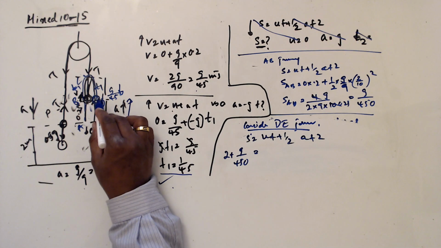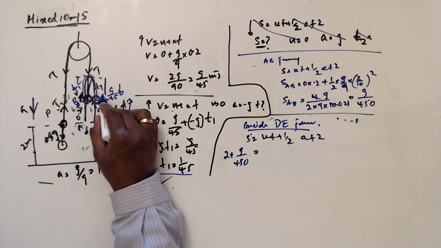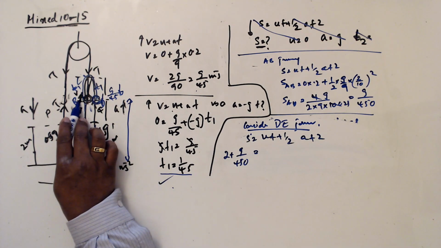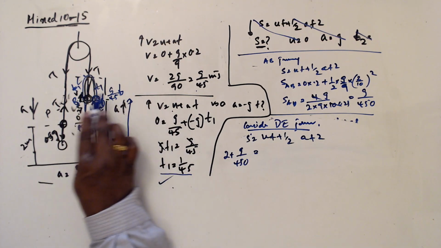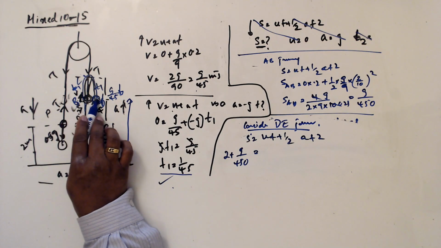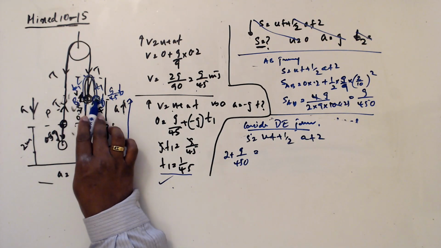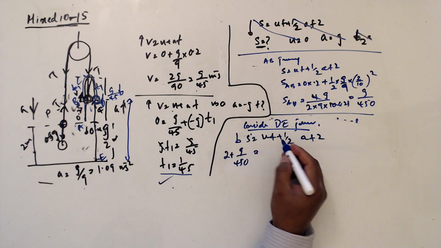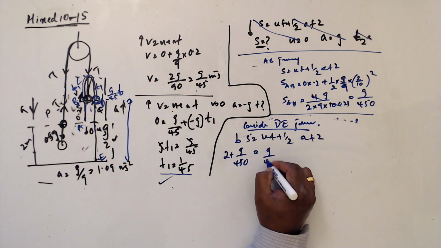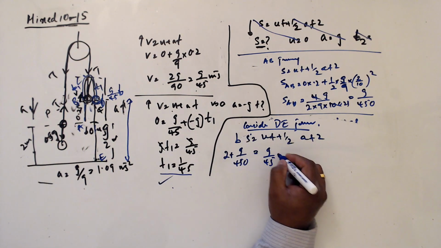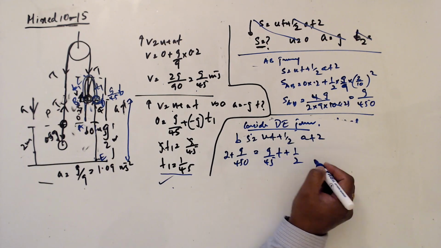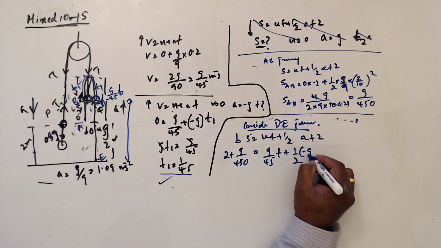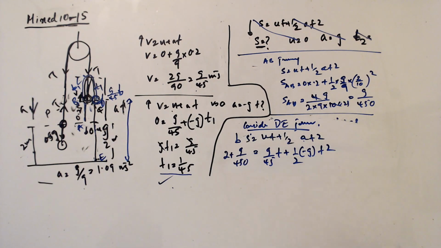So u, what is the starting velocity when it comes down? It is similar to the velocity of the upward one, because when it goes down and comes back the same distance, it has the same velocity in the opposite direction. So we put it in this direction. Because of that, u is g over 45, and this is t plus half a, where a is minus g, 9.8, t squared.